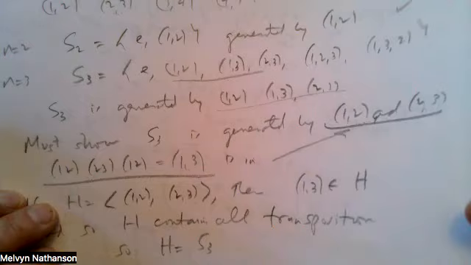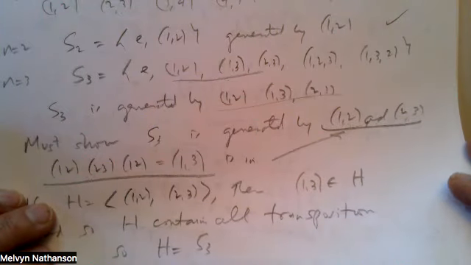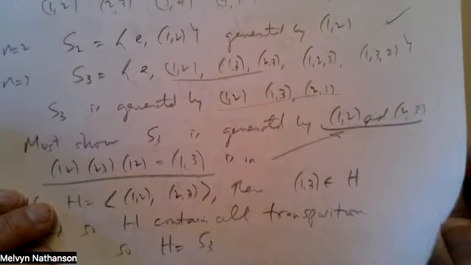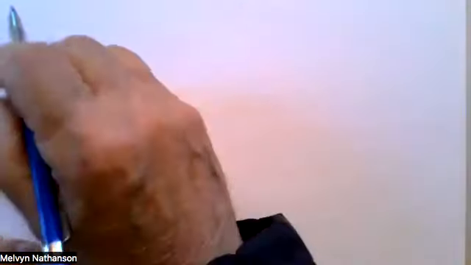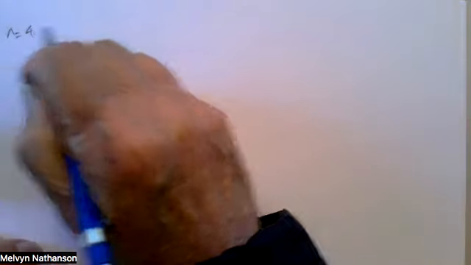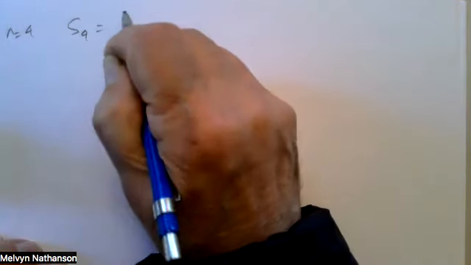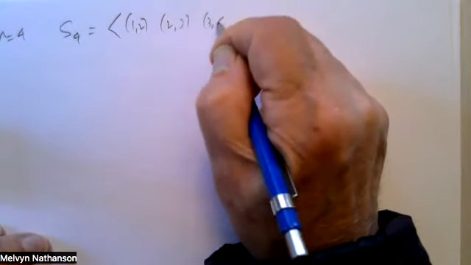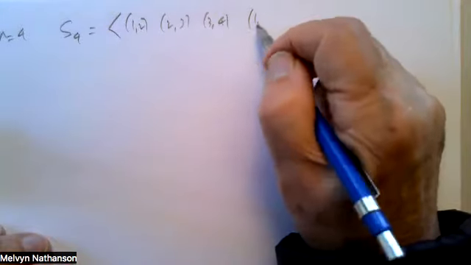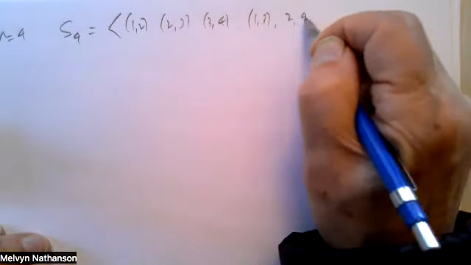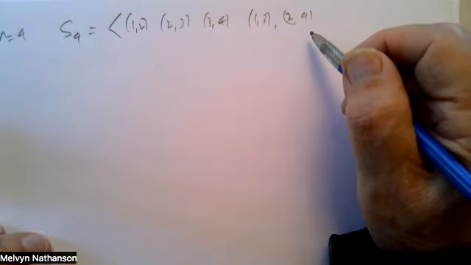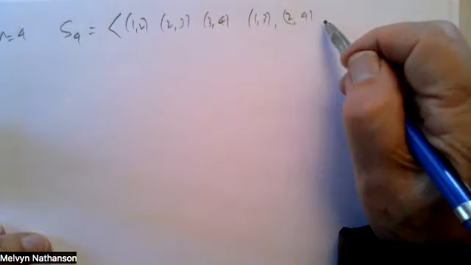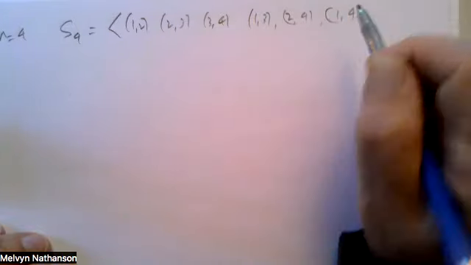So again, just to get an idea of what one might do, let's look at the next case, n equal 4. For n equal 4, we have S4 is generated by all the transpositions (1 2), (2 3), (3 4), (1 3), (2 4), and (1 4).